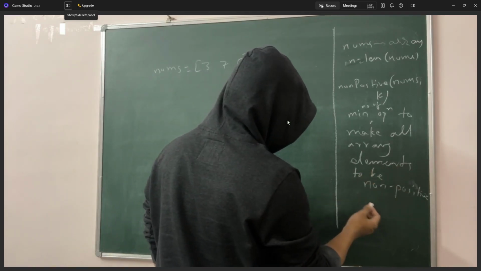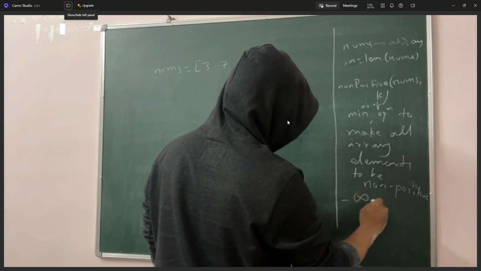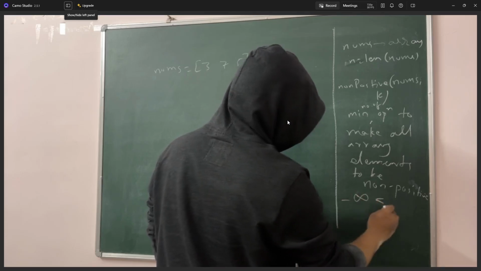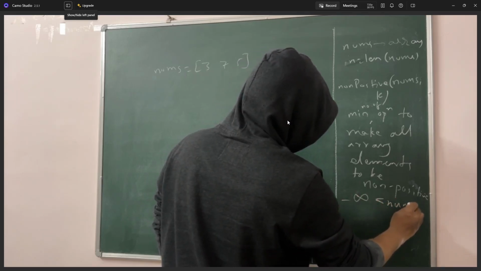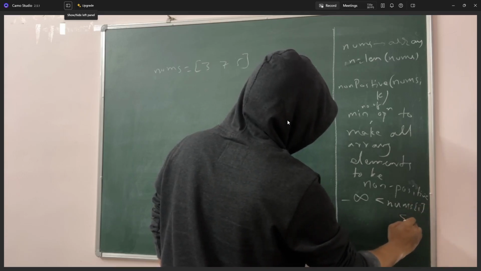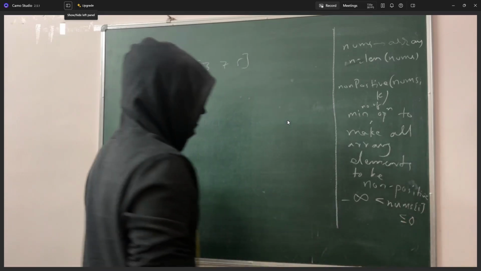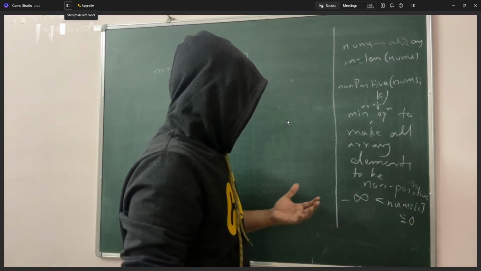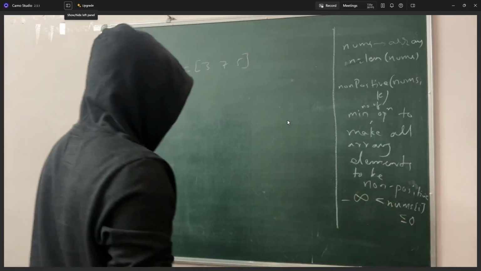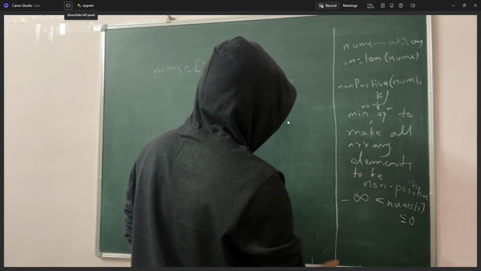So a number which is not positive is in the range nums[i] less than or equal to 0. So 0 is also a non-positive number, since it is neutral. So this is our range.